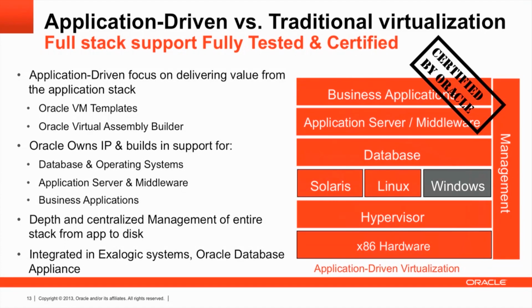So you're not having to depend on assembling the operating system from one vendor, the hypervisor from another vendor, the database from another vendor, the app server from someone else, and then glue all that together in your own business. And that's what application-driven allows you to do, is that we actually do all that integration for you.